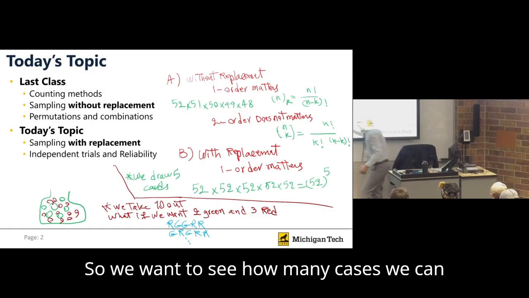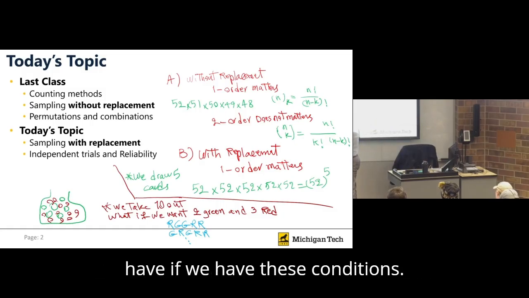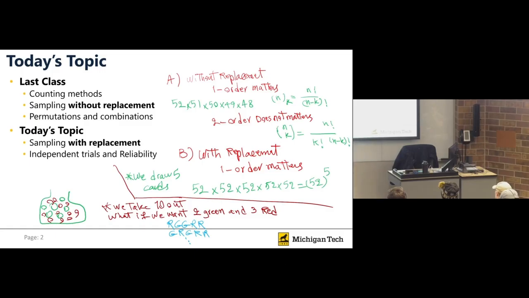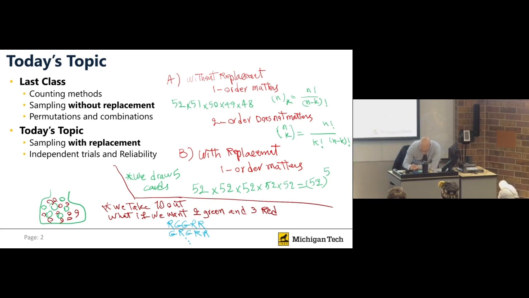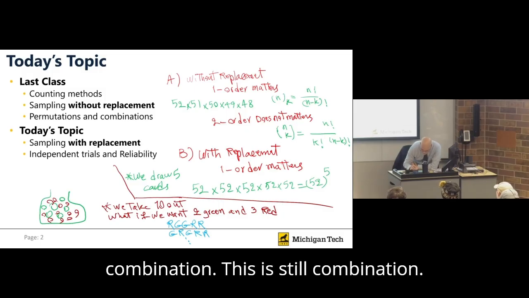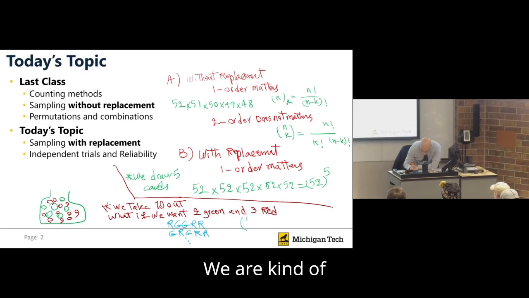We want to see how many cases we can have with these conditions. This is something we had before with combination. This is still combination. We are kind of taking two from, this is a kind of combination.